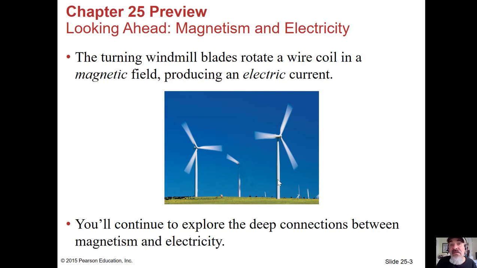The angle between the conductor and the magnetic field changes, and when that happens, we produce electricity. In the previous chapter we had motors. We supplied the electricity and we got things to turn. A generator is just the opposite of that. You supply the motion and you produce electricity. So there's definitely a connection between electricity and magnetism. One can lead to the other and vice versa.